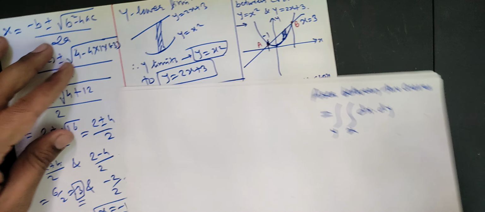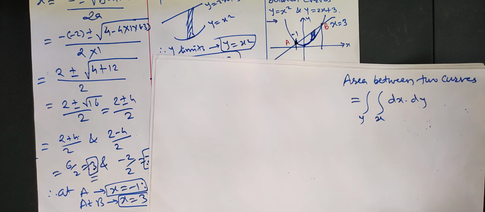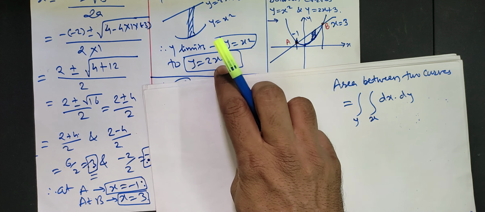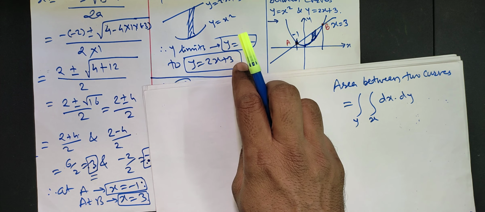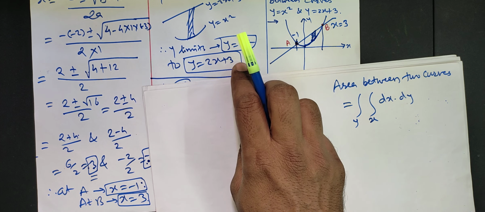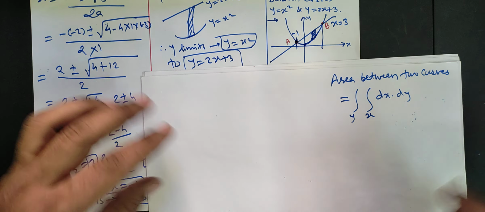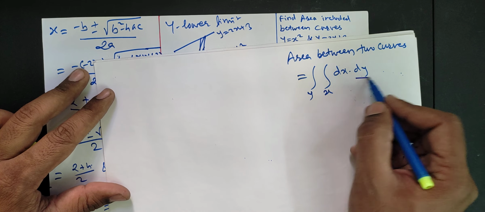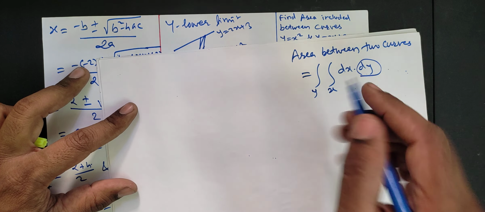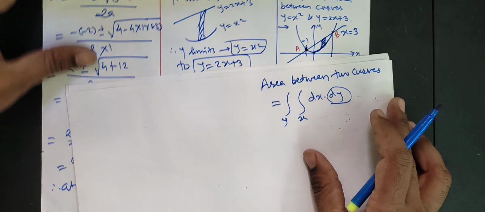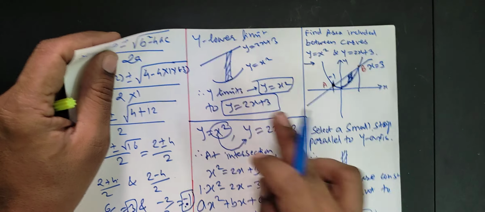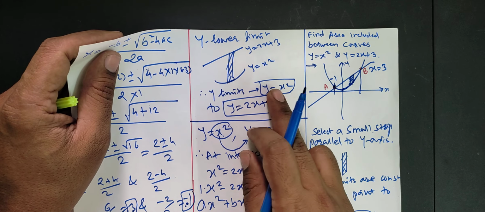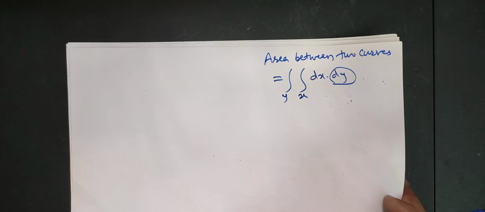We have these limits there also, y equals x square, y equals 2x plus 3, dx and dy. Now first we will calculate the integration for dy, because the y limits are from x square to 2x plus 3, so y will be converted into x, so we first substitute for y only.